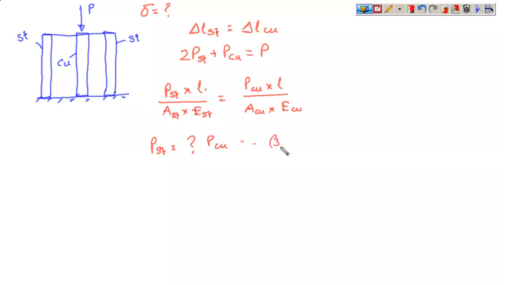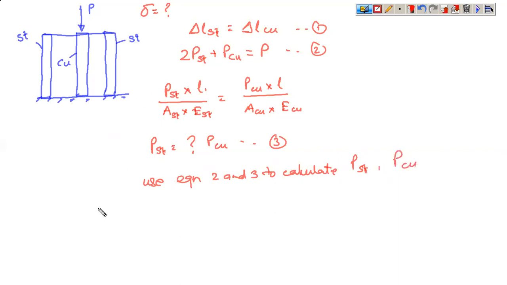This is equation number 3. This is equation number 1. This is equation number 2. Use equation 2 and 3 to calculate P steel and P copper.